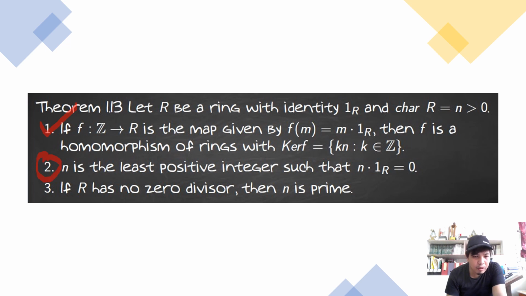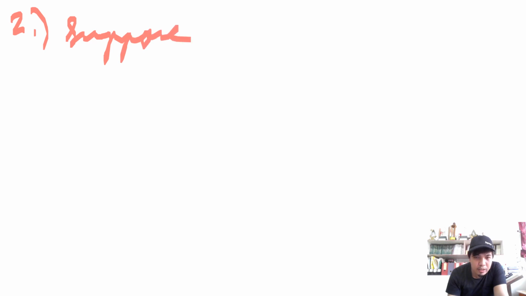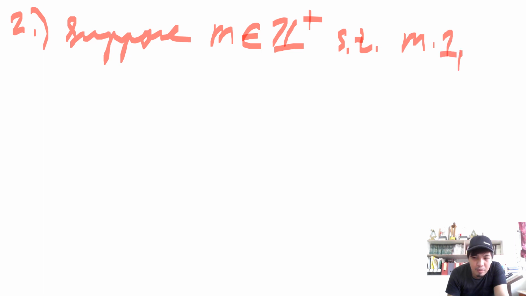For the second part, what we want to show is that n is the least positive integer satisfying this equation. To do that, we suppose that there is another integer, say m, which is positive, satisfying the condition m times 1 sub r equals 0.